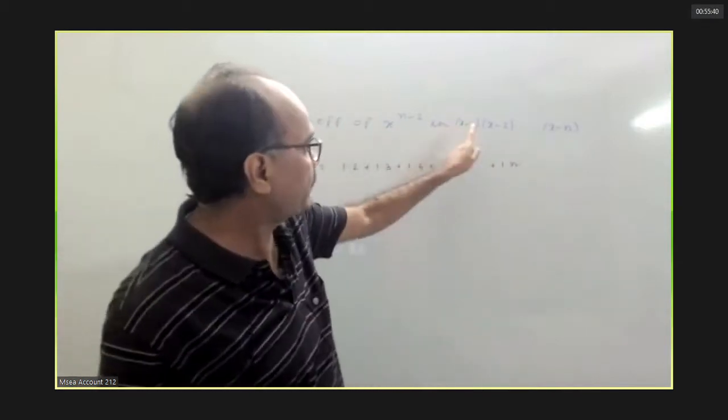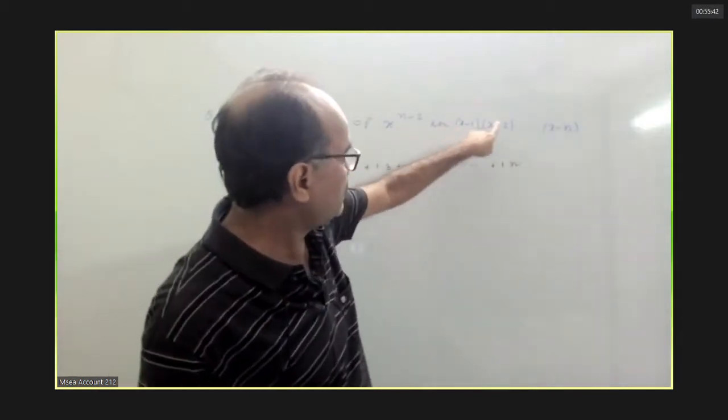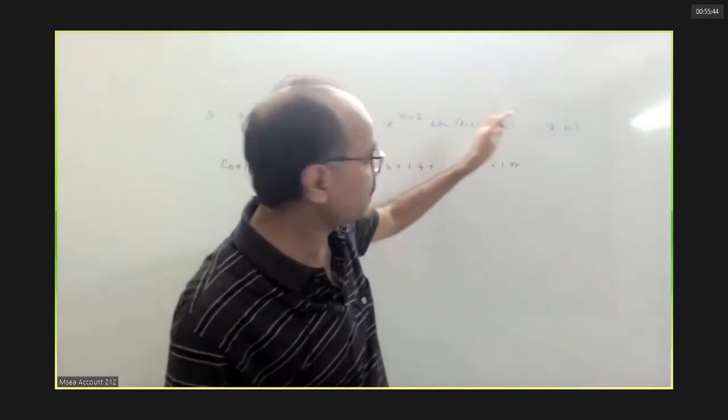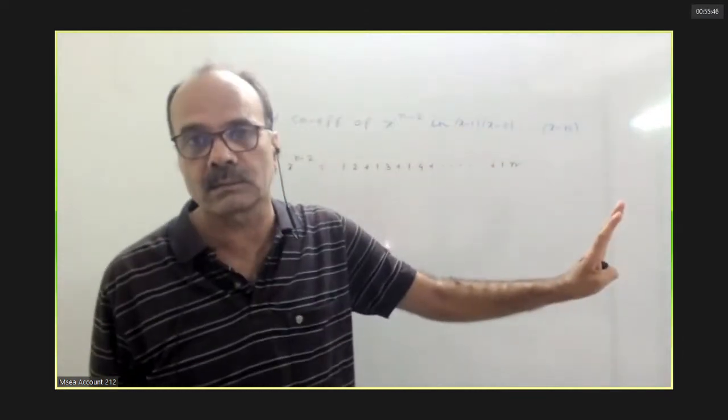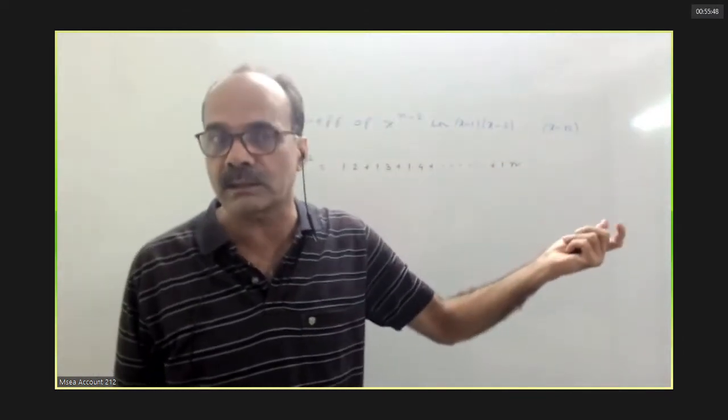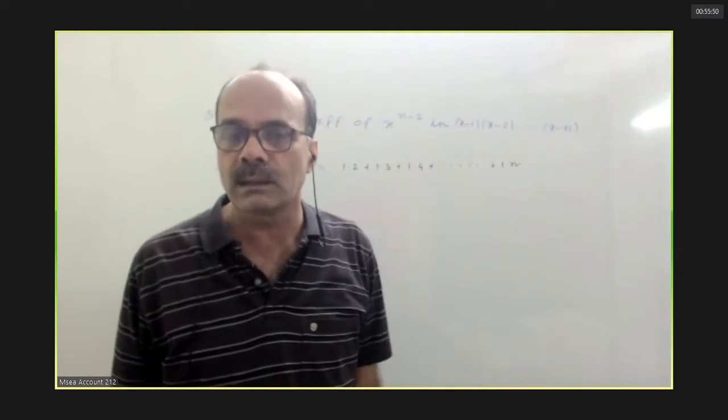With this you multiply this constant, this constant, the next constant, and the other factors you multiply with x. The remaining n minus 2 factors will multiply with x.